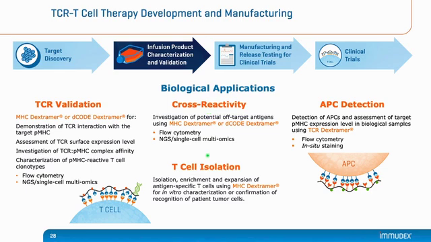Reagents like this can also be used to isolate T cells with the right TCR introduced into them. And finally, the TCR Dextramer reagent can be used for the antigen presenting cells, essentially the target cells, to assess whether the target cells carry the epitope of interest.